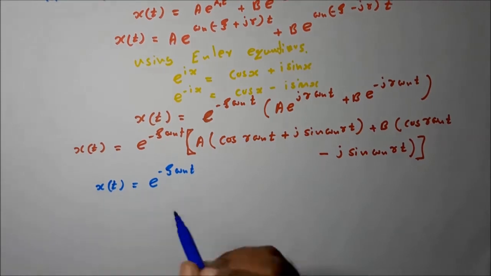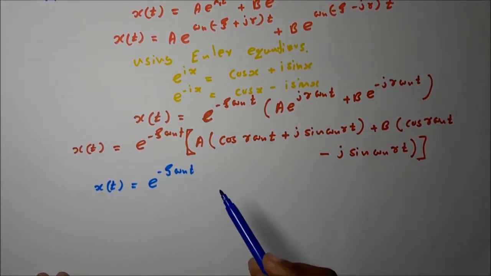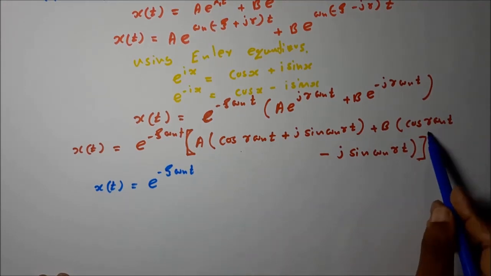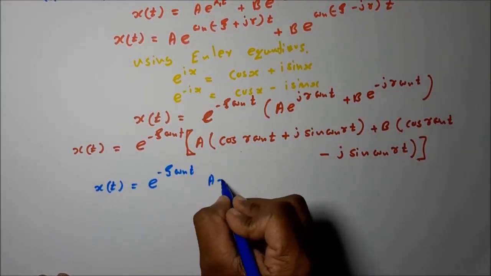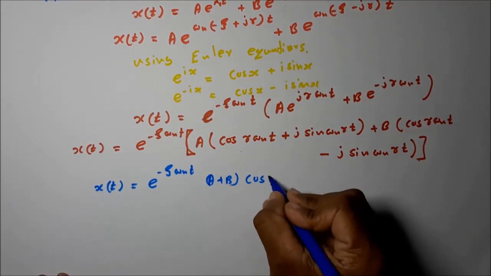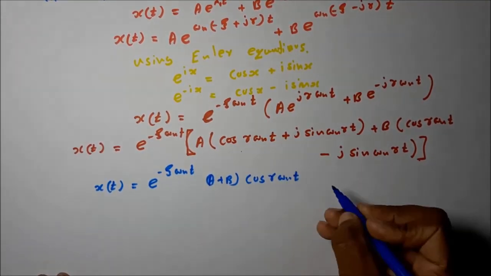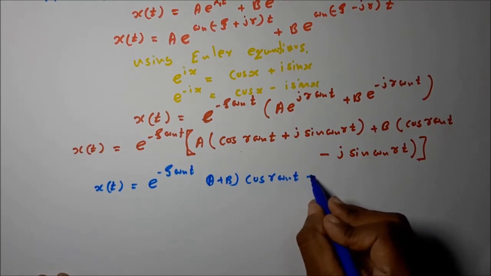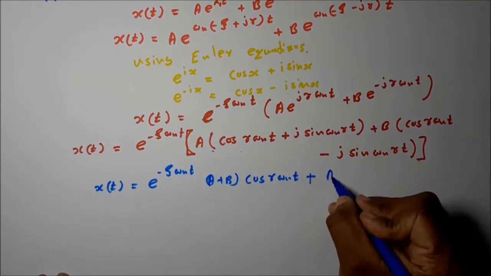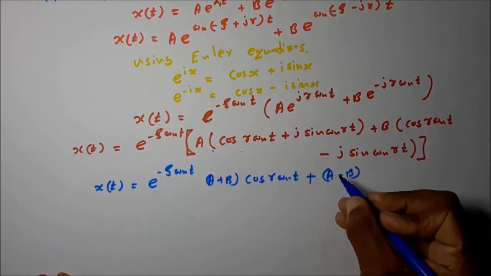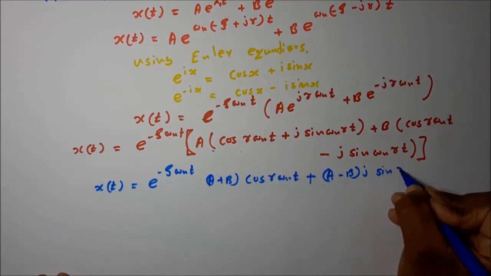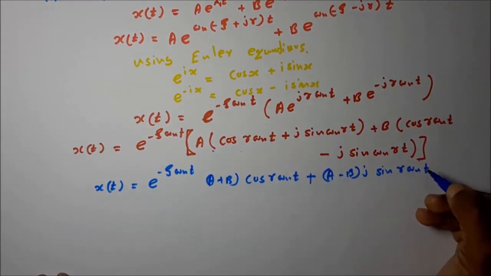Here you can see, adding these terms, we get (A plus B) cos gamma omega n t plus (A minus B) j sin gamma omega n t.